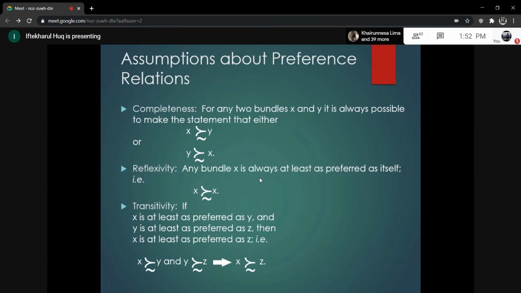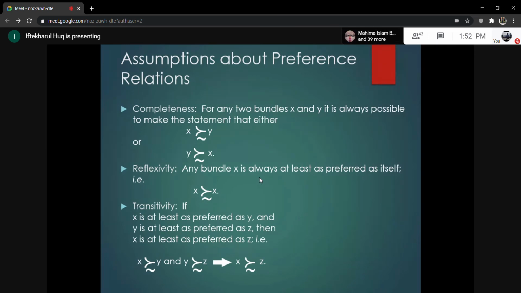So you're basically comparing yourself with yourself. That's just being consistent. Reflexivity is basically saying that there should be some level of self-reflection, nothing more than that.